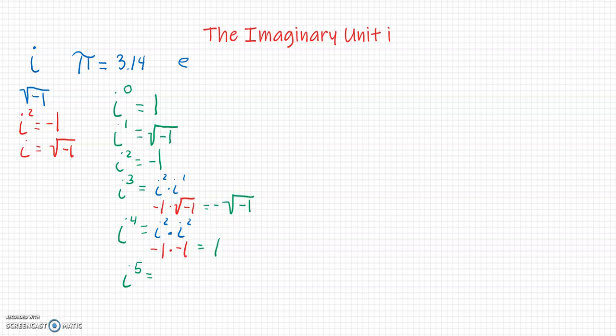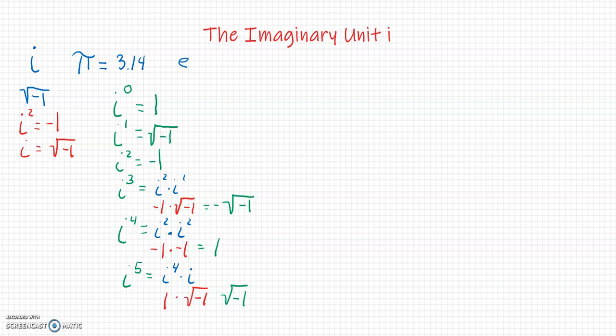Well, i to the fifth is the same thing as i to the fourth times i. Well, i to the fourth, that was 1, and i is the square root of -1. Well, that yields an answer of the square root of -1, or simply i. Hey, that was the same as this.